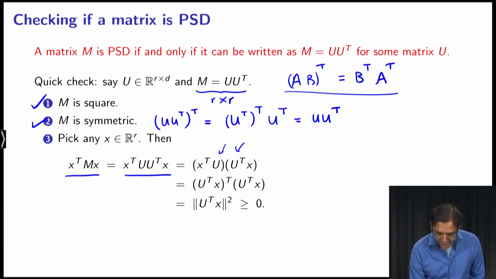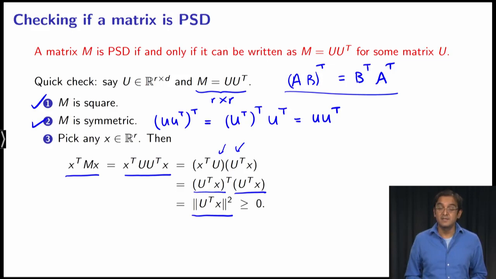Okay? So (U transpose x) transposed times U transpose x is just the length of U transpose x squared. And since it's the squared length, it has to be greater than or equal to 0. And so a matrix of this form has to be positive semi-definite. This will turn out to be a very useful rule.